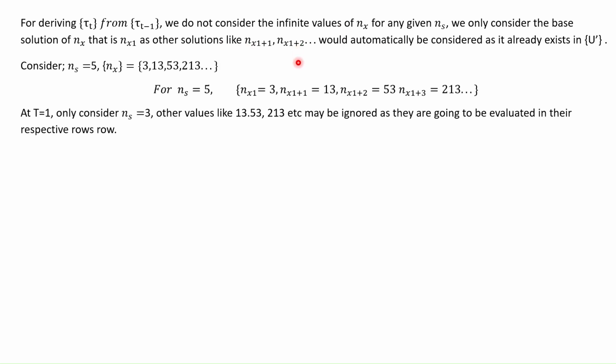Does that make our analysis incomplete? Let us study that. Let's take the example. Say ns is equal to 5. If ns is equal to 5, its nx are 3, 13, 53, 213, so on and so forth. Now for ns is equal to 5, we just considered 3. We did not consider any other value.